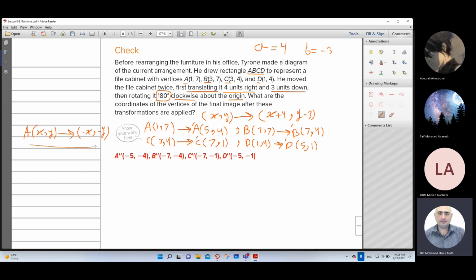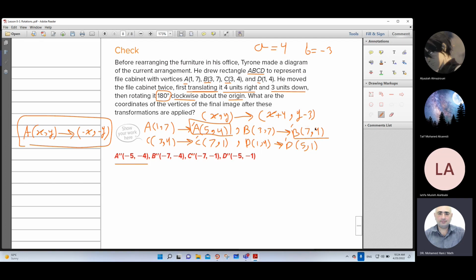Now, we want to use this rule to get the rotation. If you go back to the A prime and do this rule, take the opposite x and the opposite y, it will be (-5, -4). This is A2 prime. And the same idea for the B prime: you have (7, 4).